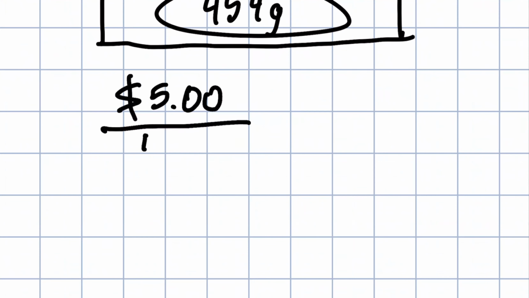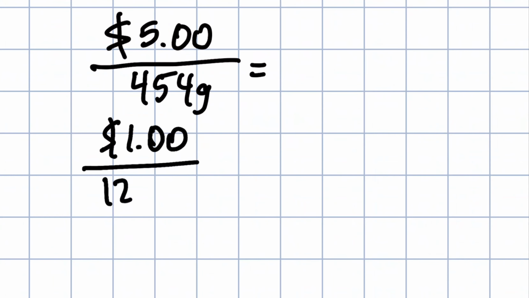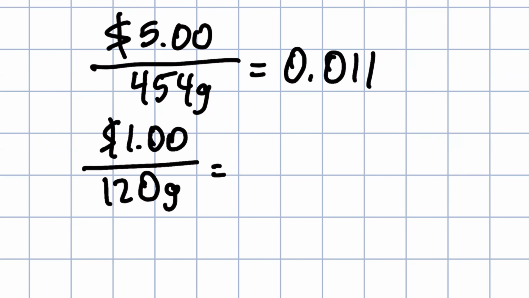So $5 divided by 454 grams. And then on this one, you're going to do $1 divided by 120 grams. Just real quick, just to entertain me, do 5 divided by 454. So that is 0.01, we'll call it $0.011 per gram.